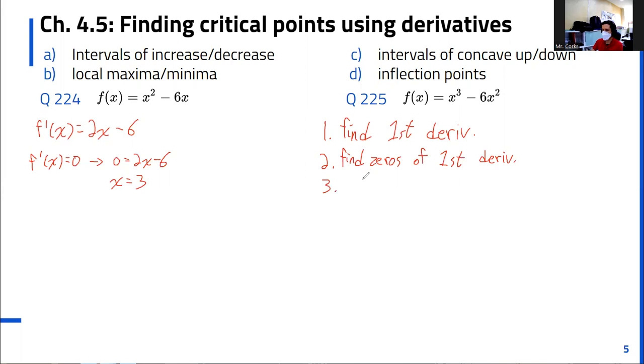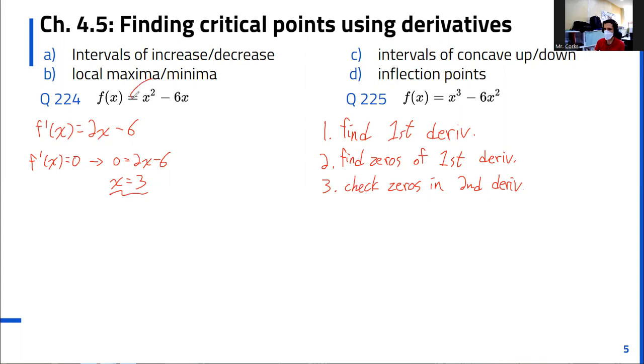And our third step for these is to check those zeros of the first derivative in the second derivative. So we'll take this point, x equals 3. We know it's a turning point, or it's probably a turning point, but we don't really know what type.